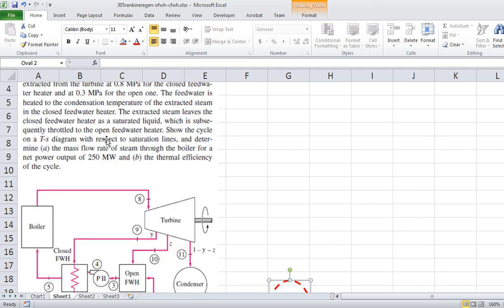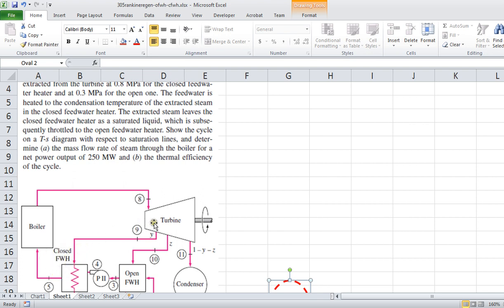He does tell us explicitly that the feedwater is heated to the condensation temperature of the extracted steam in the closed feedwater heater. Okay, what does that mean? The feedwater he's talking about here at state 4 is heated, that's at state 5, to the condensation temperature of the extracted steam in the closed feedwater heater.